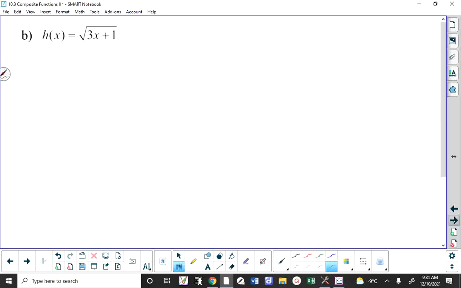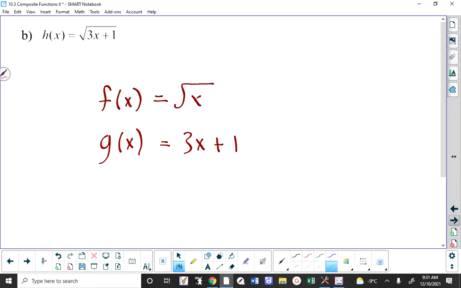So if you say that g of x is 3x plus 1, the outer operation can just be the square root of that. We're looking at finding something that we can substitute in for a square root to get the square root of 3x plus 1. So that thing would be 3x plus 1.